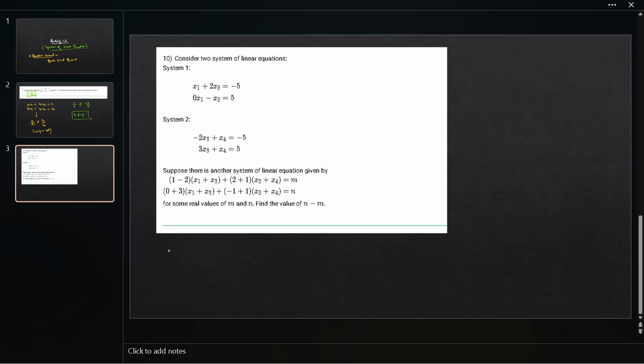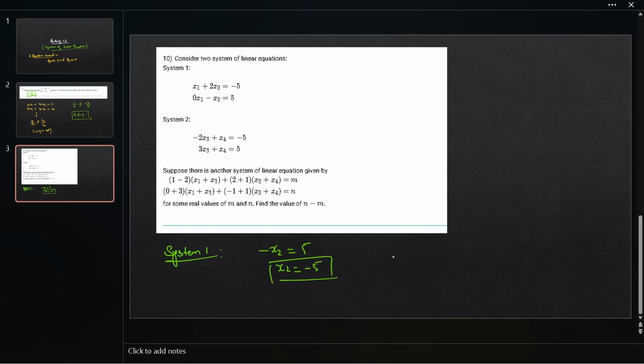So if we take system 1, in equation 2 we have minus of x2 equal to 5. Just ignore the 0 that is written over here. So that gives us the value of x2 equal to minus 5.